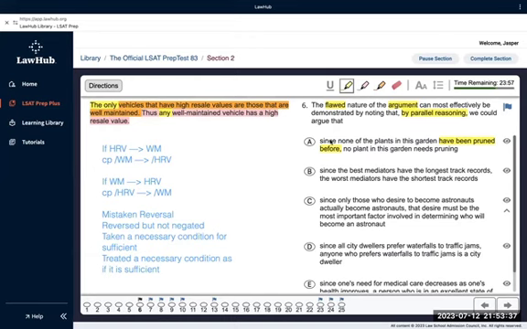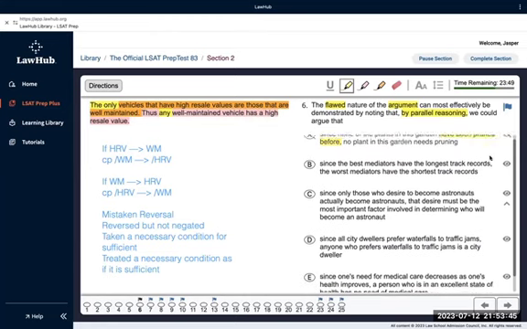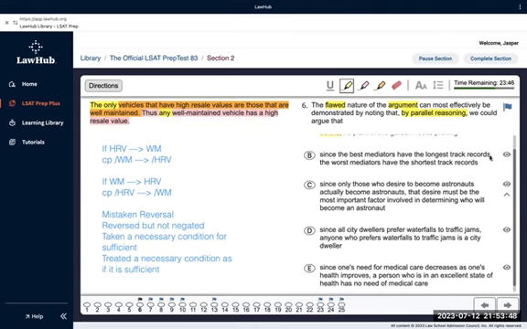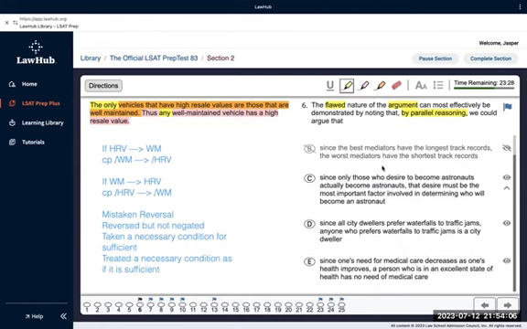So we actually don't have a conditional relationship that's been flipped here. Since the best mediators have the longest track records, the worst mediators have the shortest track records. So this is assuming a perfect correlation. It's not a mistaken reversal. It also does not really have conditional language.